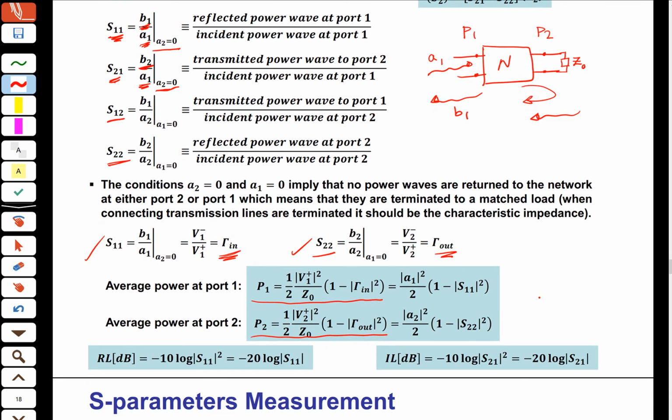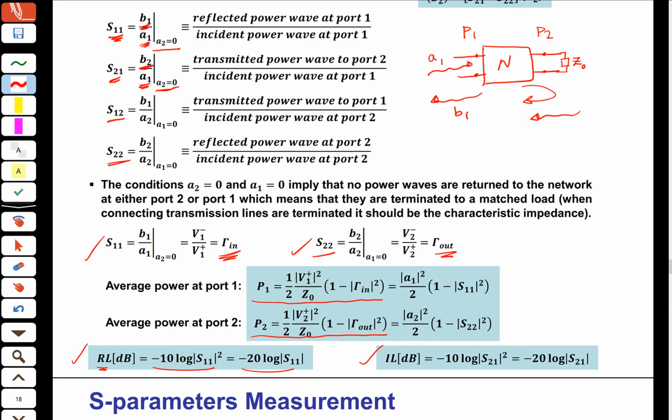Okay? You remember the equations and the definitions for the return loss and insertion loss. We had this last lecture, and then we see these two new definitions based on the S11 and S21.